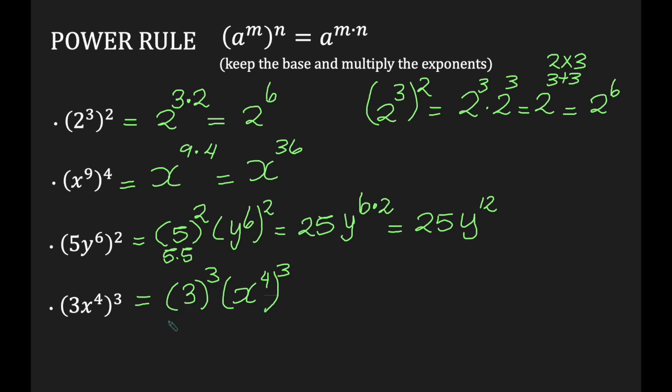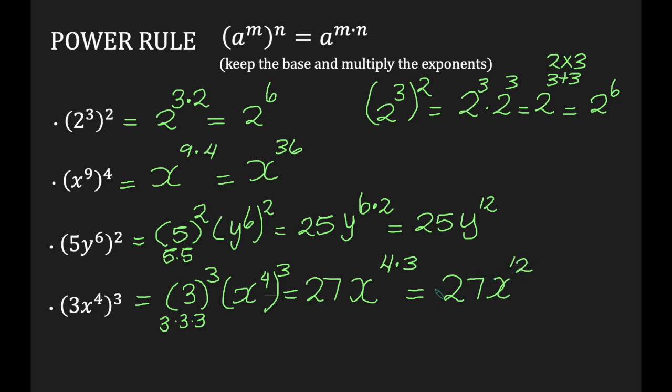Remember, 3 to the 3rd means 3 times 3 times 3, which gives you a value of 27. Remember, when you have a base raised to an exponent, raised to another exponent, you keep your base and you multiply 4 times 3, your exponents. So your answer is 27x to the 12th power.